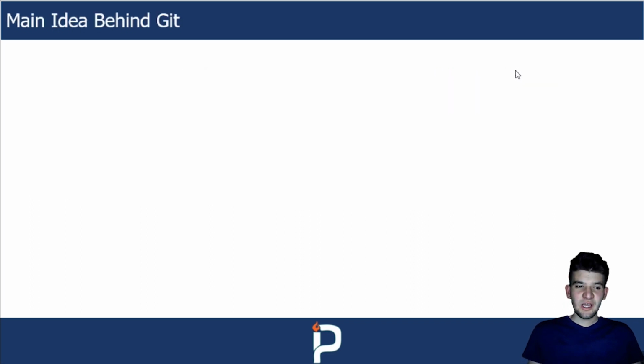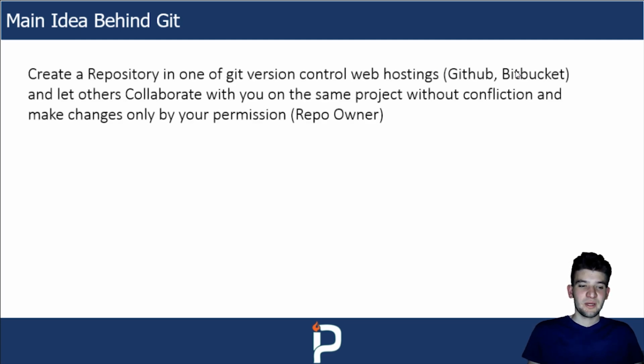Now let's see the main idea behind Git, how Git actually works. First things first, with Git, what you do is create a repository in one of the Git version control web hosting services. Probably all of you have heard about GitHub, the main repositories container.